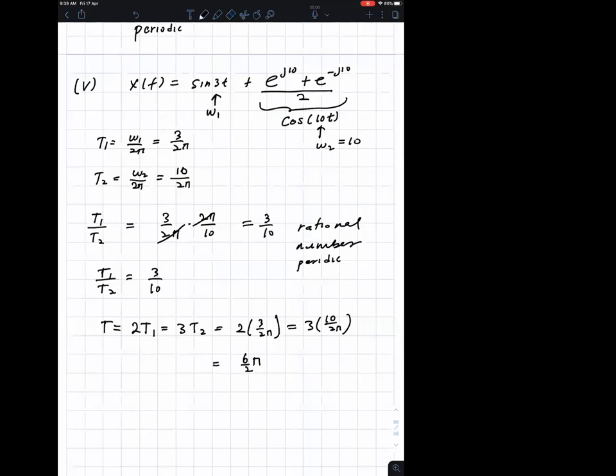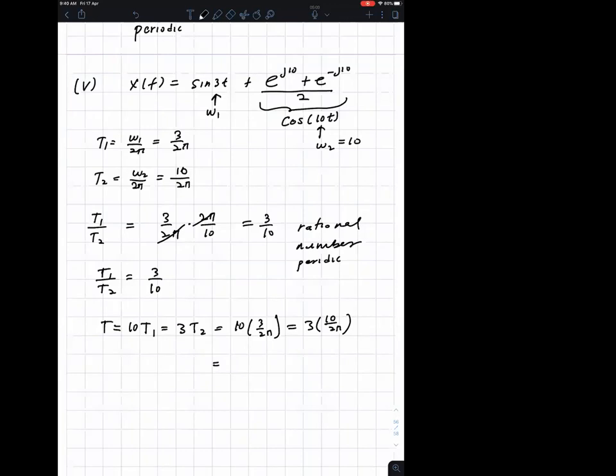So cross multiply now becomes 10 T1 equals 3 T2, and now it's the same, right?